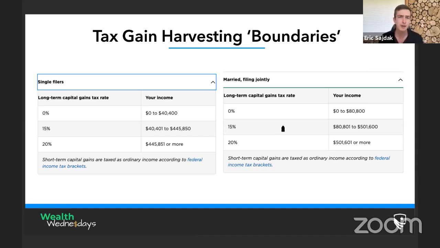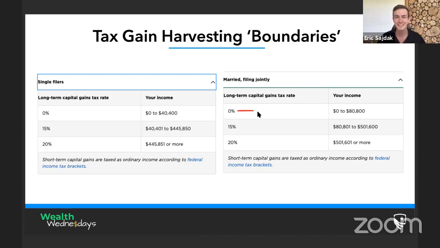So let's say that you're married filing jointly. You have a taxable account and your taxable income, as we move towards the end of the year, is sitting at $60,000. Okay, you're married filing jointly, so you're in this long-term capital gain zone here of 0%. Again, your taxable income is $60,000, so you have theoretically $20,800 where you could realize long-term capital gains at 0%.